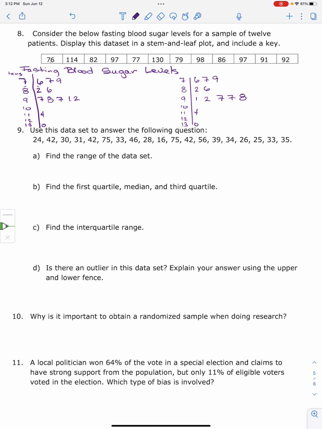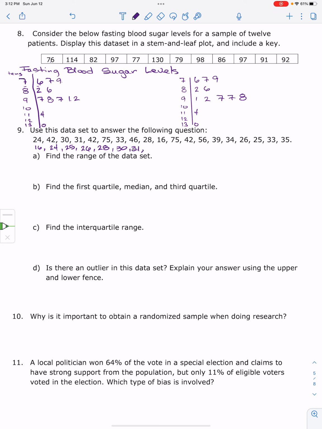So for number 9, I'm going to do this by hand here. I'm going to start by reorganizing the data. If you would like to do this in Excel, that is fine. Please let me know if you have any issues or if you are not getting the same values that I am getting here.